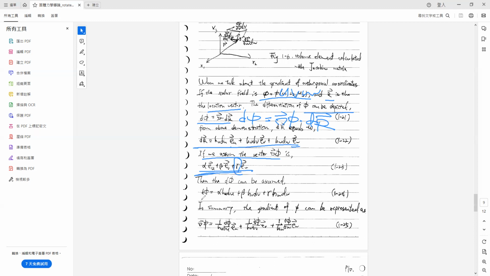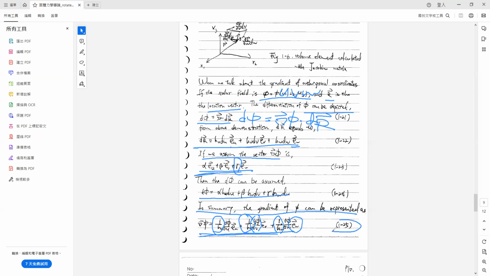Then the d phi can be written as alpha HU dU plus beta HV dV plus gamma HW dW. So in summary, the gradient of phi can be written as 1/HU delta phi/delta U vector EU plus 1/HV delta phi/delta V vector EV plus 1/HW delta phi/delta W vector EW.